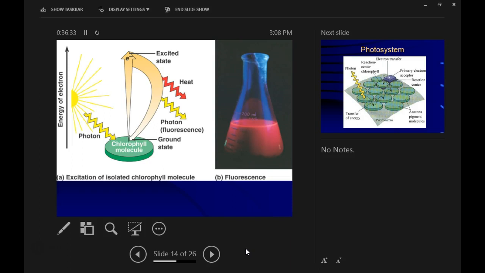When a photon of ultraviolet light strikes it, the phosphor absorbs it. The electrons get boosted to a higher energy level and they quickly drop, and they give off their energy in the form of light. But it's a longer wavelength. In this case, it's the wavelengths of visible light. So you're seeing fluorescence right there. That's the same process that we see here.